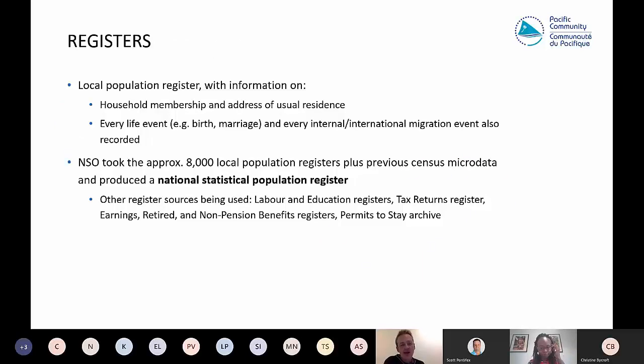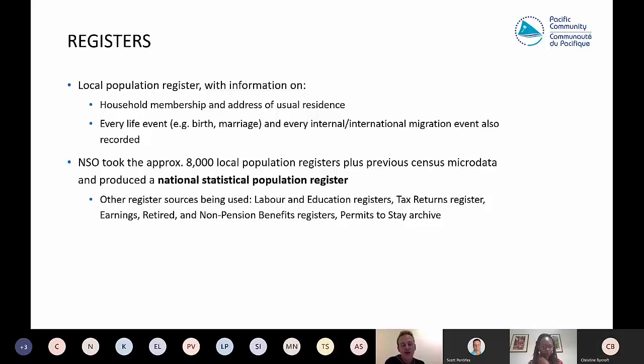In Italy, they have local municipal registers that contain information on the people in the household and the address, and then events like births and marriages and deaths are recorded there, as well as when people move internally within the country or internationally.